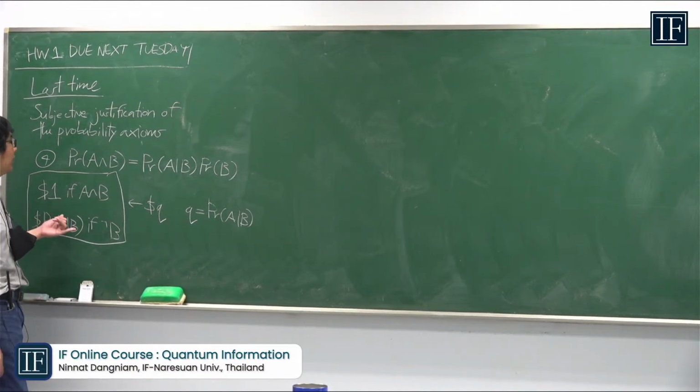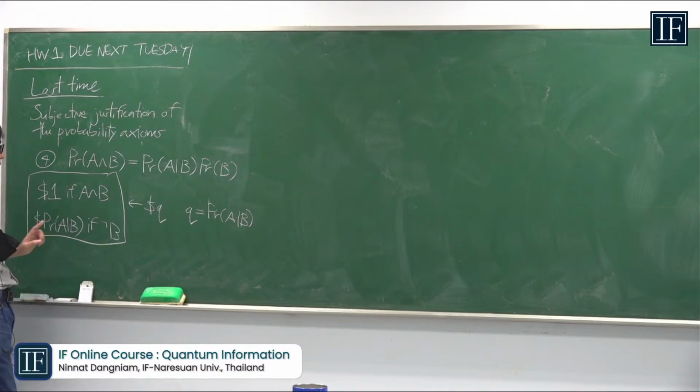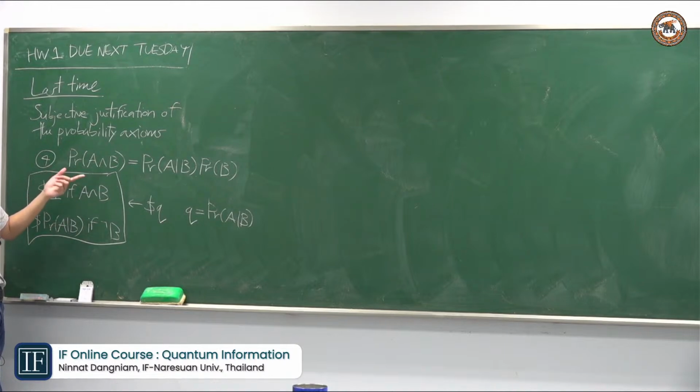Right. But how to get this law? Well, the extra step that I missed last week is that these two events are disjoint, and so I can split this into two tickets and then apply the other axioms, the sum rule, and see if I can get this law.